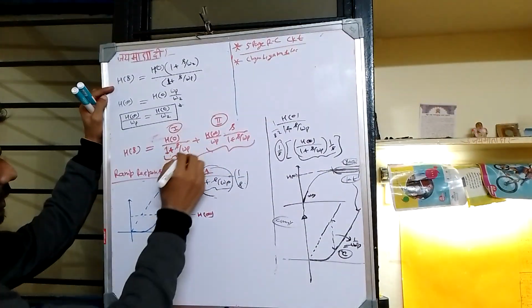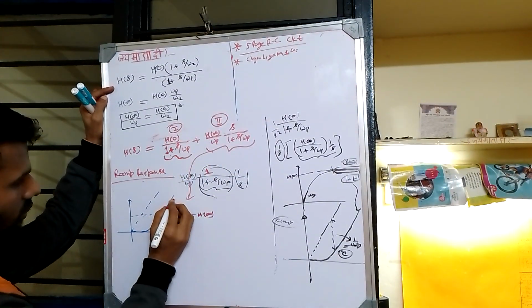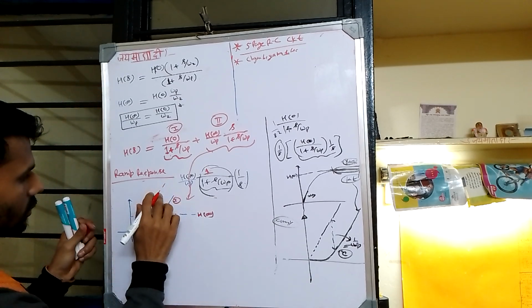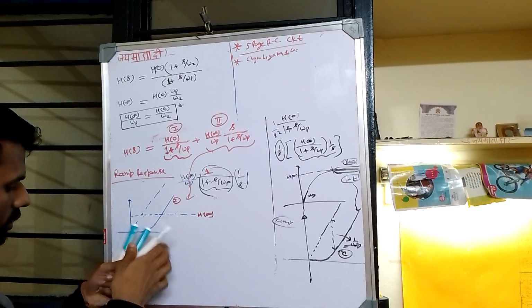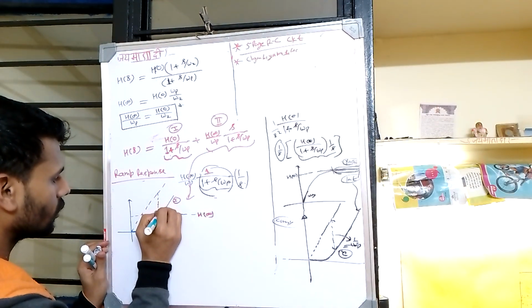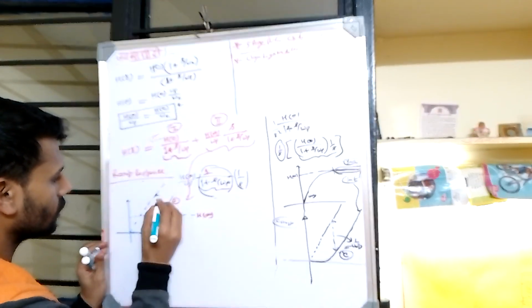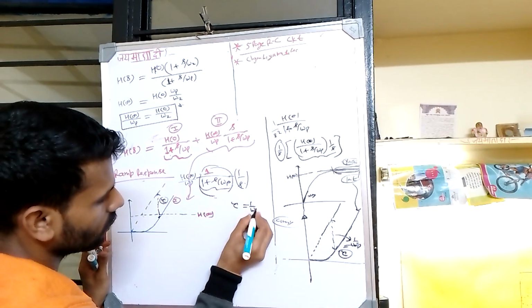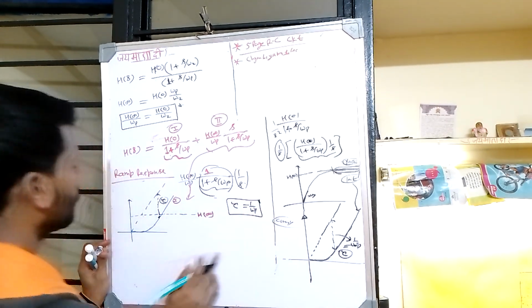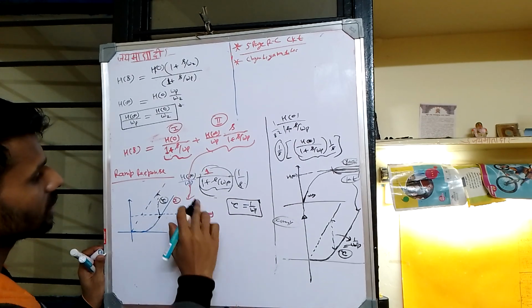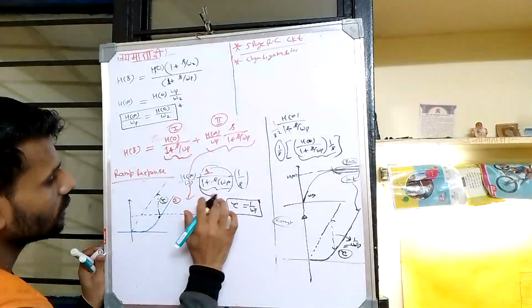For the first transfer function I plot this, and the delay, if you see, the delay will be tau, where tau is 1 by omega p. Now I already discussed this transfer function.